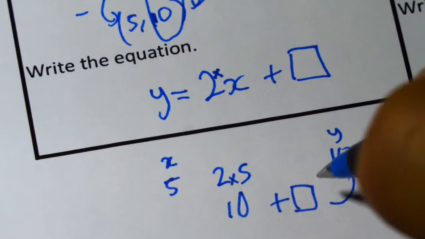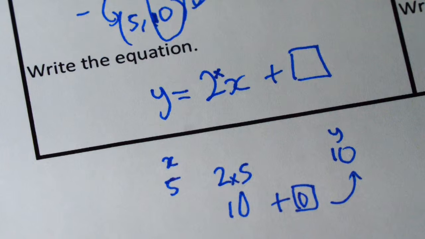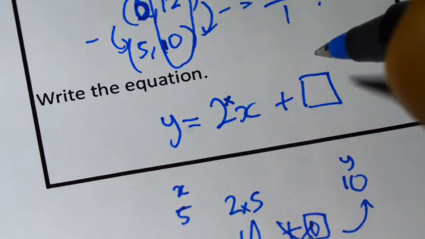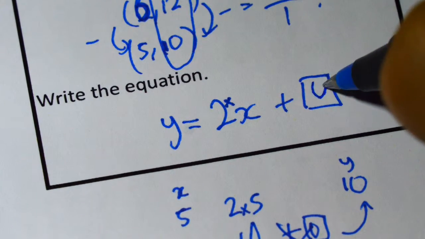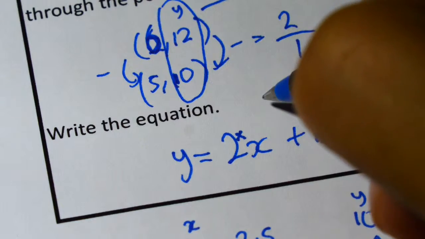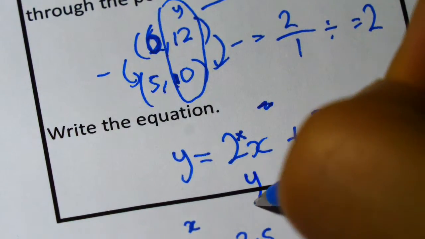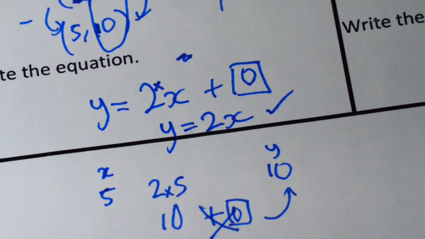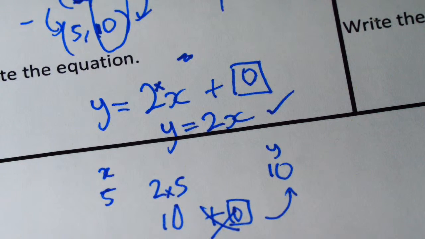Well, 10 plus 0 gives us 10. We don't need this actually. It's already 10. So the function y equals 2x plus 0, or just y equals 2x. There is no y-intercept. The y-intercept is 0.